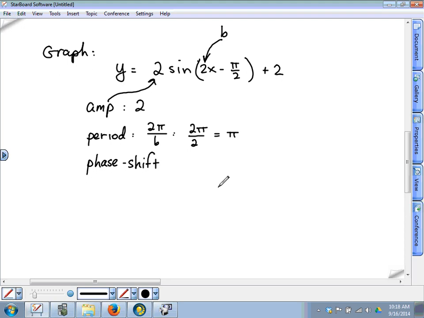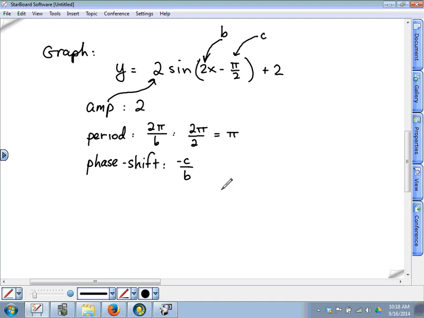Now, the phase shift is always the one that gives people a little trouble. There is a formula you could use. It's hard to remember all these formulas. The formula is the opposite of C divided by B. This is your C value right here.